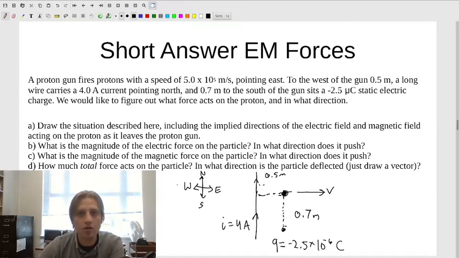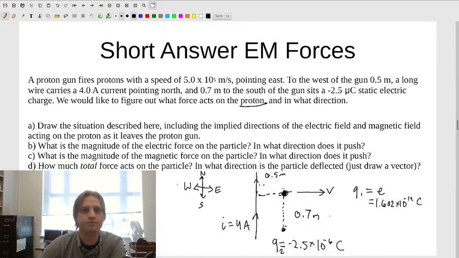If this is a proton, let's call this Q2, the Q on Q1 would just be e, that 1.602 times 10 to the minus 19th coulombs.